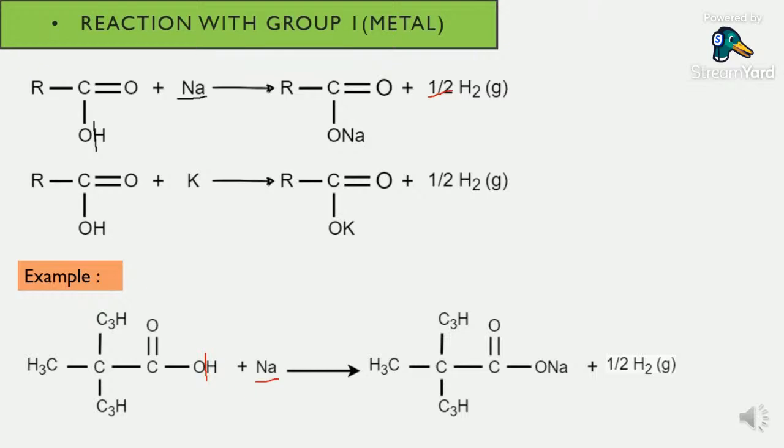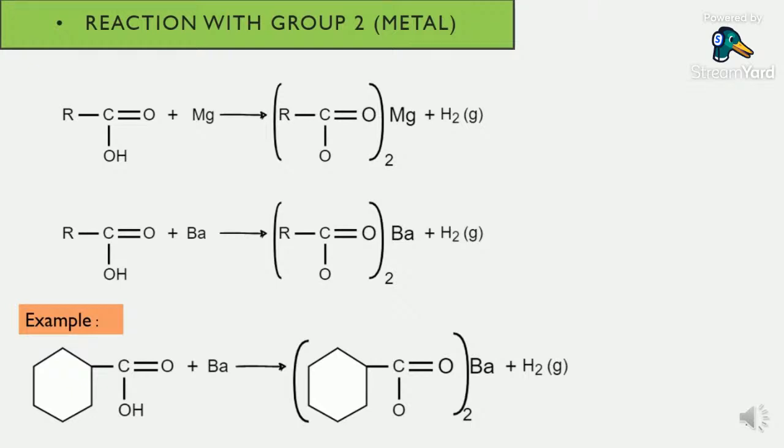The H will transform into H2 gas, and we need to put 1/2 in front of H2 gas to balance the equation. The famous group 1 metals that are always used are sodium and potassium. So next one.